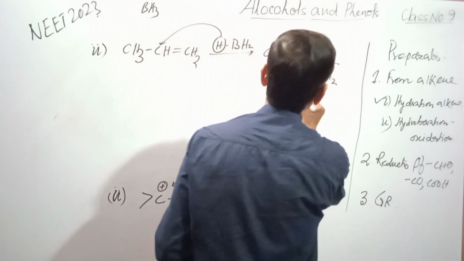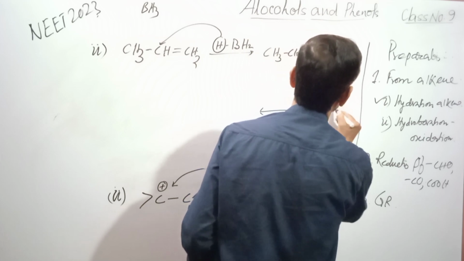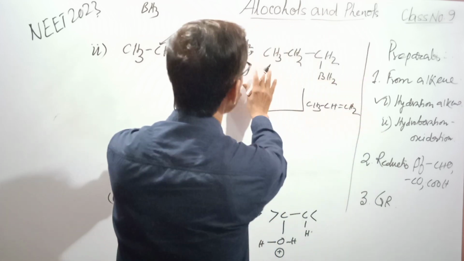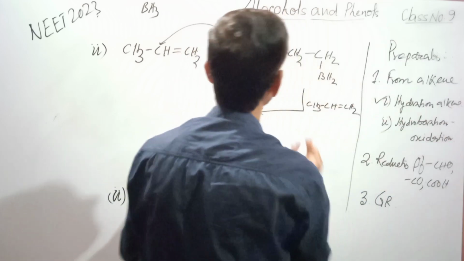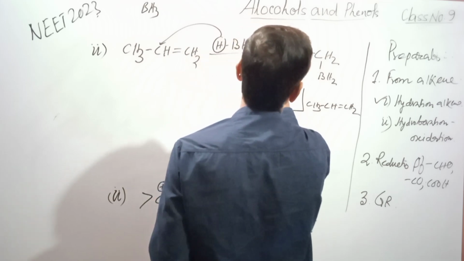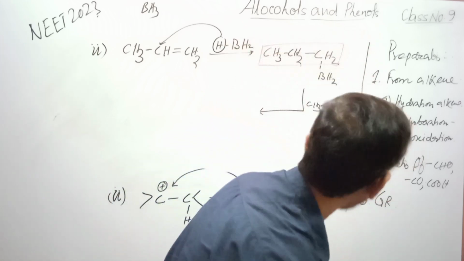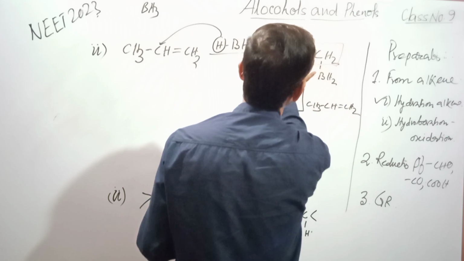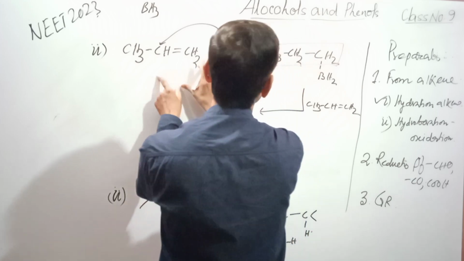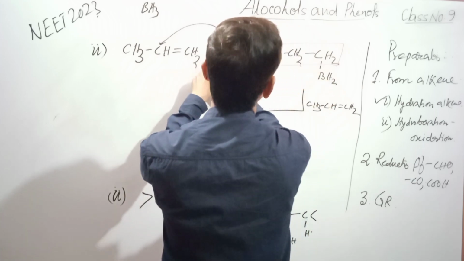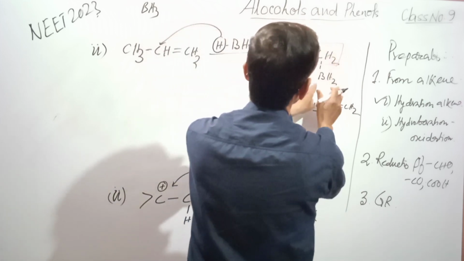Now you see, again we are taking ethene, CH double bond CH2. When ethene is there, the answer is this. When we have added another ethene, then again you will get this part. BH2 replaces one hydrogen, and ethene enters as CH3, CH2, CH2. So the CH2 part is attached with BH2.